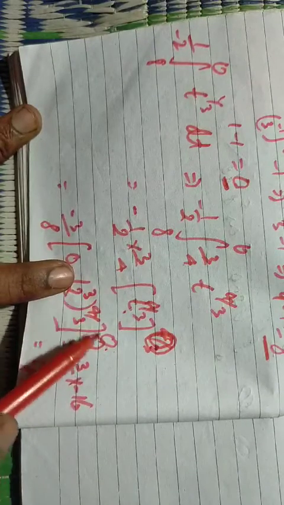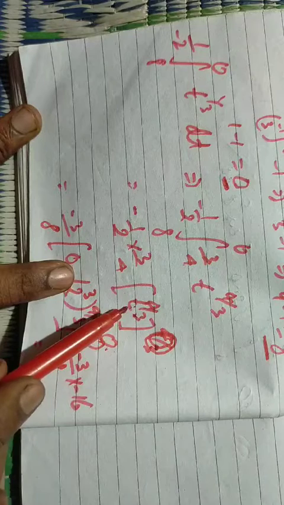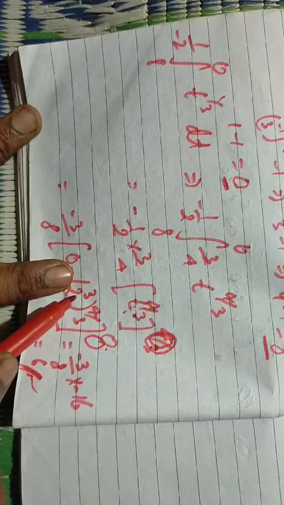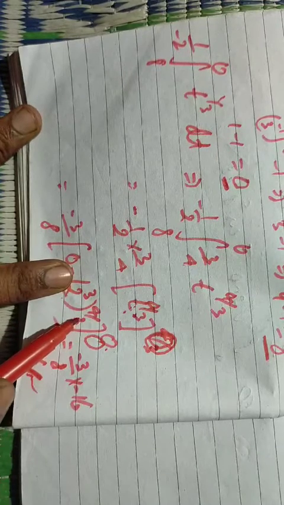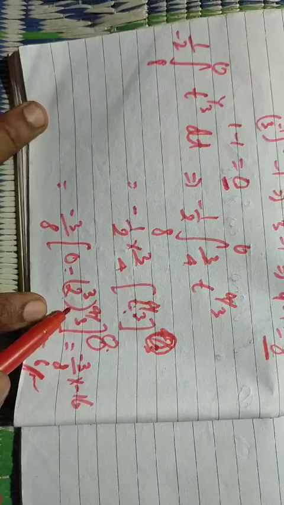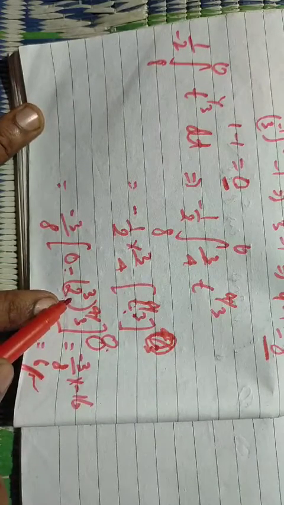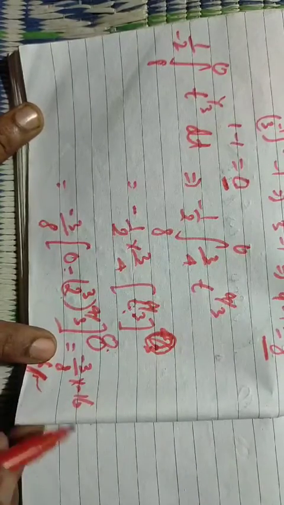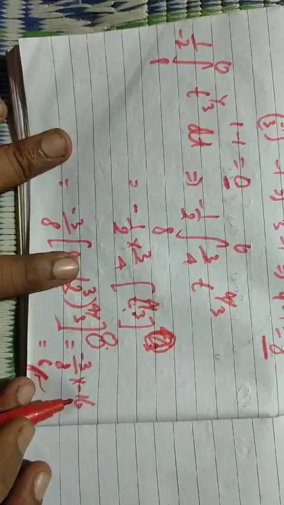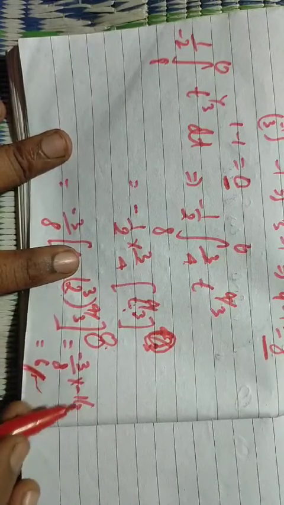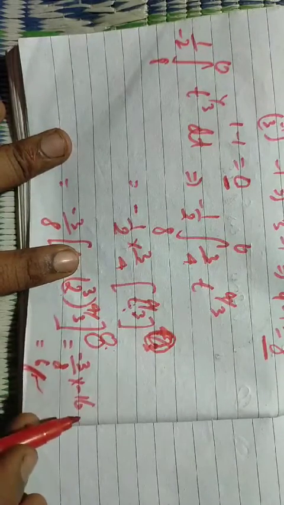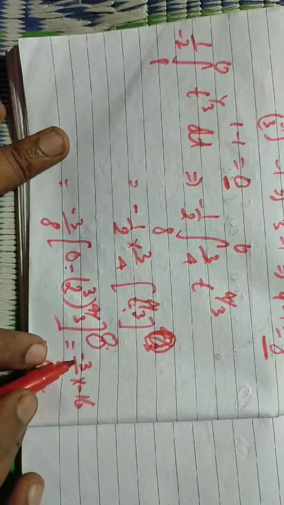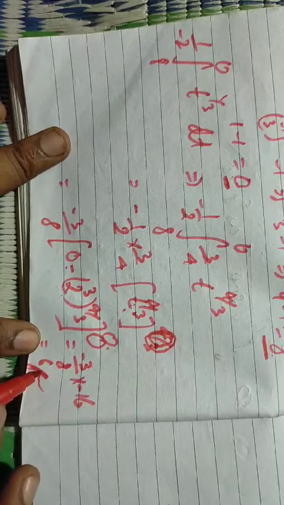Now minus 8 to the power 4/3. 8 can be written as 2 to the power 3, so (2 to the power 3) whole to the power 4/3. 3 and 3 got cancelled, so the remaining is 2 to the power 4, that is 16. So minus 16 gets added to the 8 limit term, and remaining is minus 2. So minus 3 into minus 2 equal to 6. So 6 is the correct option.